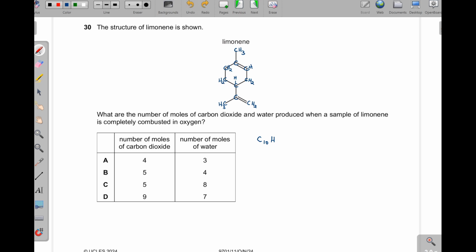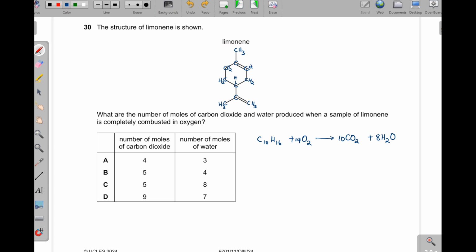Okay, we have 16 hydrogens, and we don't have any other. Then plus oxygen, this one should give us, for complete combustion, carbon dioxide and water. Then to balance this, since these are 10 carbons, I'll put 10 here. Hydrogens are 16, I'll put 8 here, such that I make this one 16. And then oxygen, this is 8 plus 10, plus 20, that is 28, not so? That means here I will put 14, because 14 times 2 gives you 28.